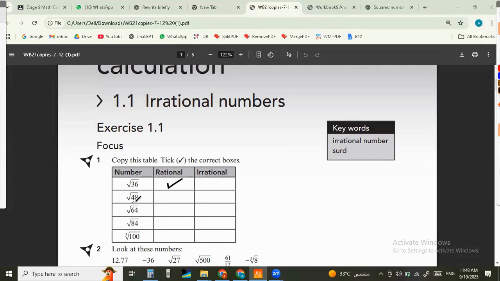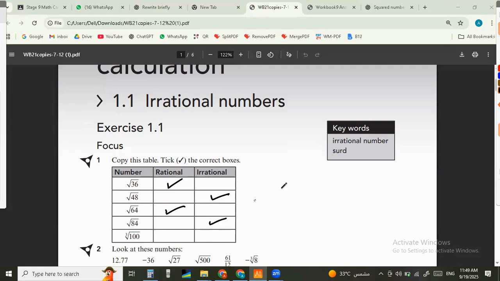Square root of 48, I cannot find an answer to it. It's a surd, irrational. Square root of 64 is a perfect square. It's 8 times 8, so it's just 8. Rational. Square root of 84, imperfect square. I cannot find an answer to it. Irrational. Cube root of 100, I cannot find an answer to it.